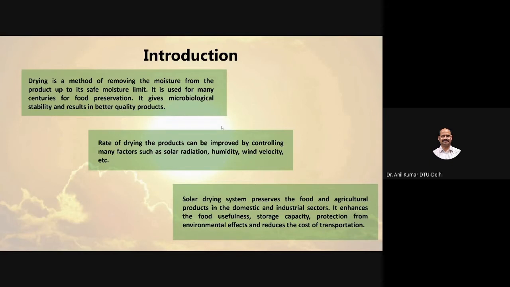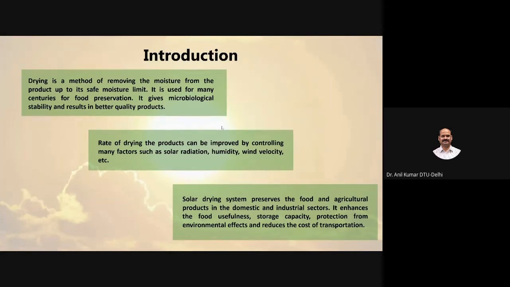In drying operations, three factors are mainly responsible: temperature, relative humidity, and the airflow over the agricultural produce or the object to be dried, right? So we have to control these three factors: temperature, relative humidity, and flow rate.